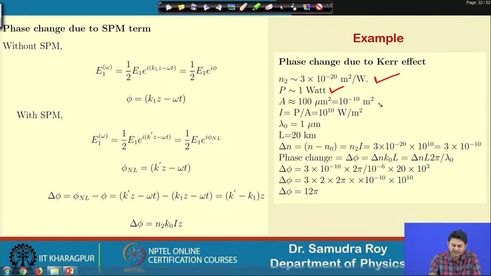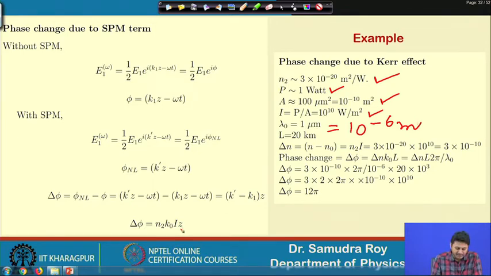So, 10 to the power minus 10 meter squared is the area. The intensity with this area and power comes out to be 10 to the power 10 watt per meter squared. The operating wavelength is given as 1 micrometer, which is 10 to the power of minus 6 meter.